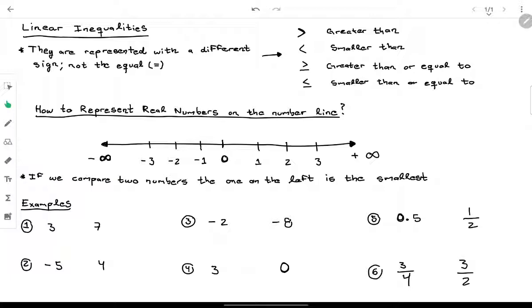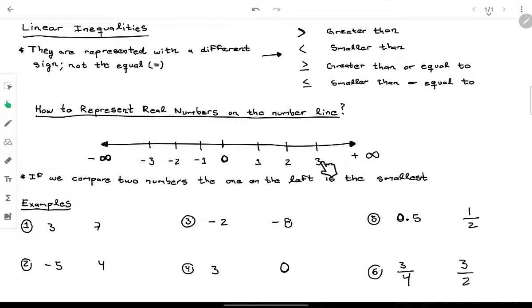So the first little exercise that we are going to do today, and it's super important, is comparing two numbers on the number line to see which sign we can use, or maybe we can also use the equal sign. Between 3 and 7, the 3 is here and the 7 is here.